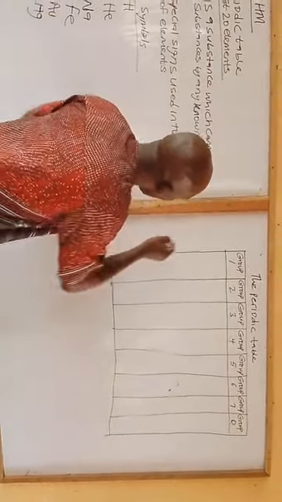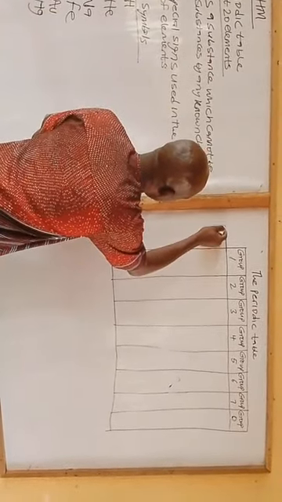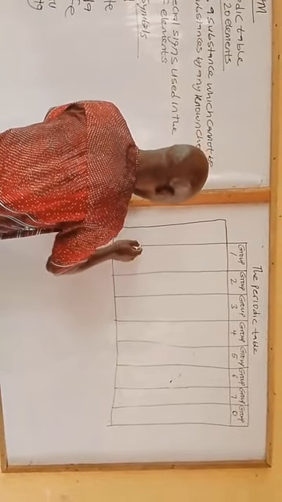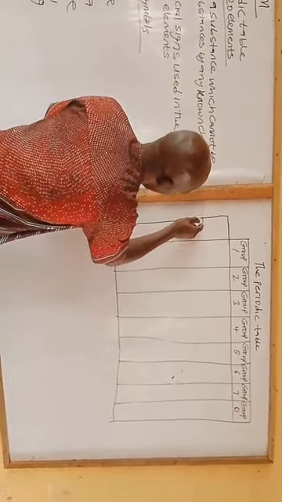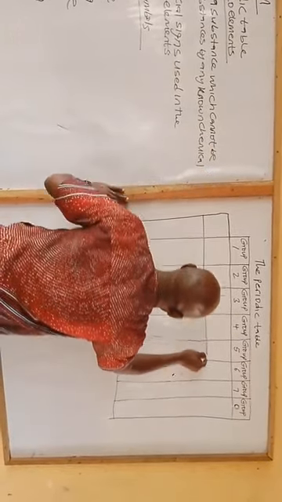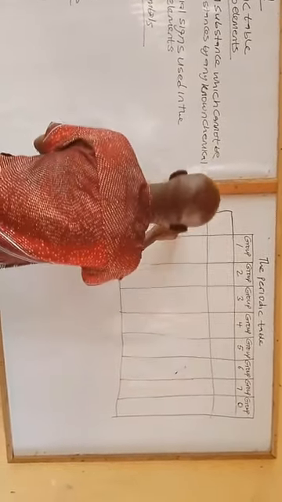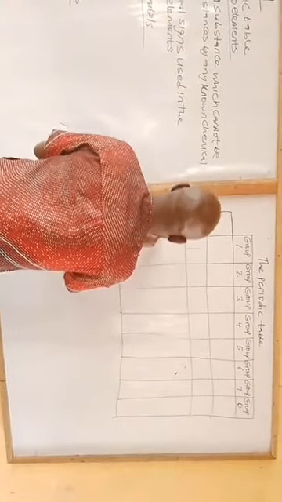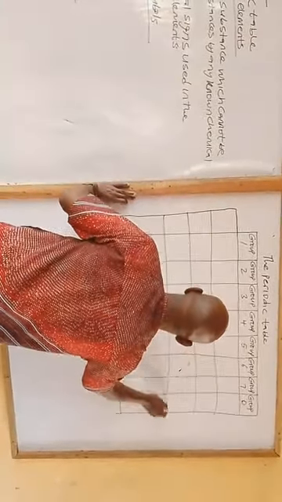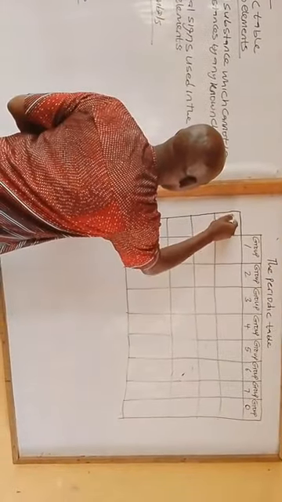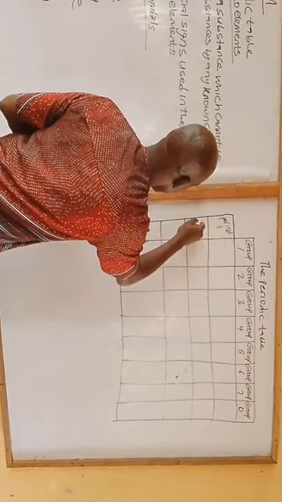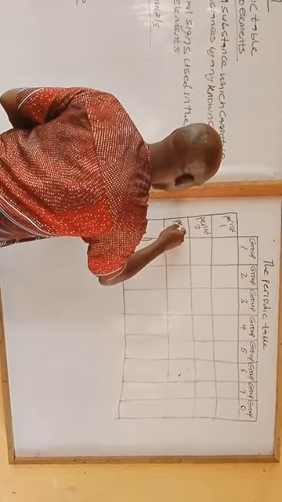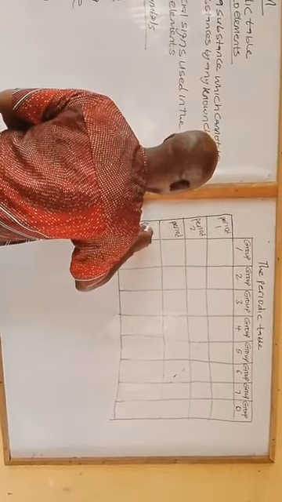Then we have 4 periods. So divide the same rectangular shape into 4 periods. That is period 1, period 2, period 3, period 4.